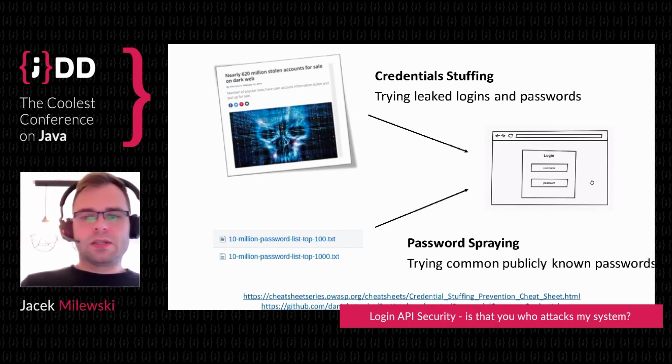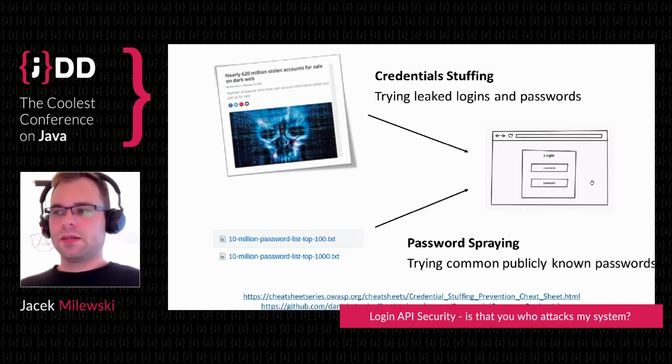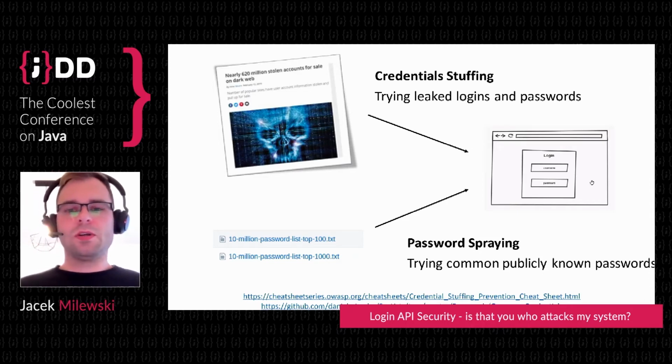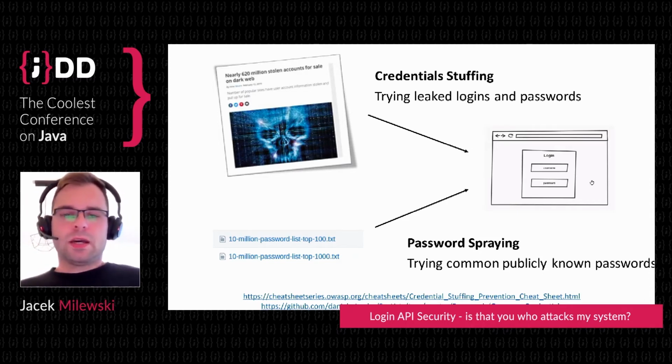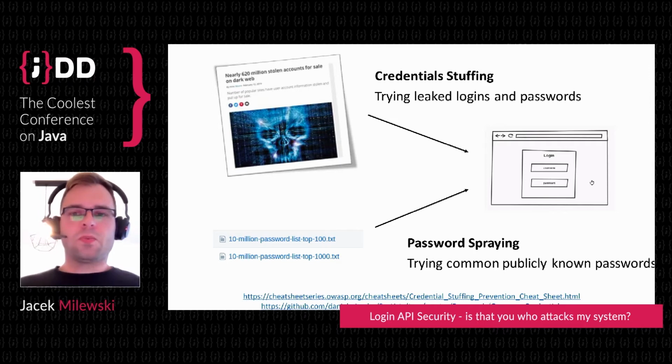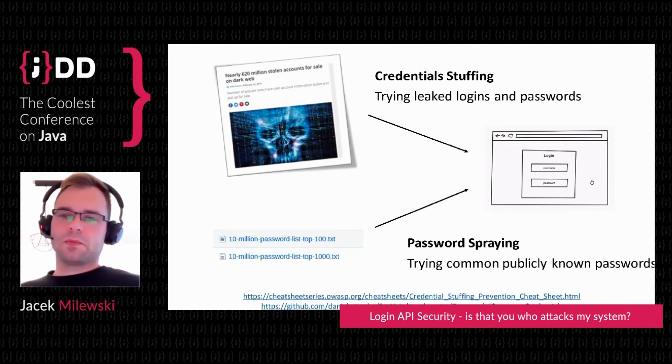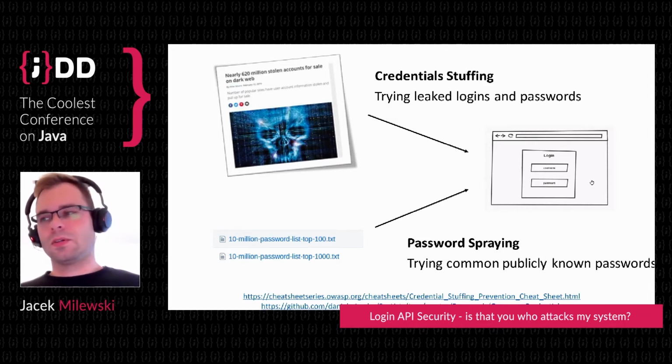The other type of attack is password spraying. Let's say the attacker chooses one email, let's say jacek@gmail.com, and he tries the top 5 most popular passwords, like QWERTY or 12345. He hopes that this user is using one of the most popular passwords.